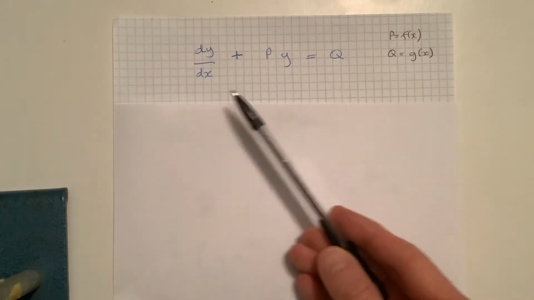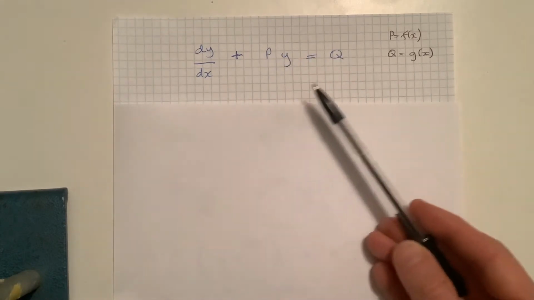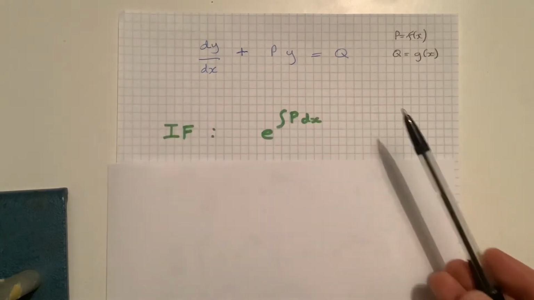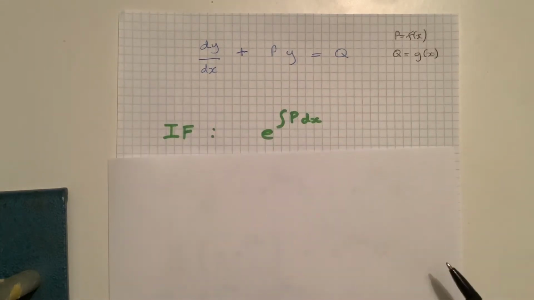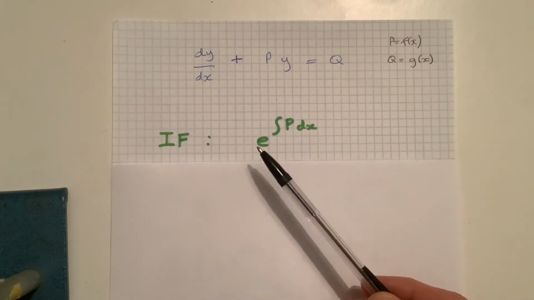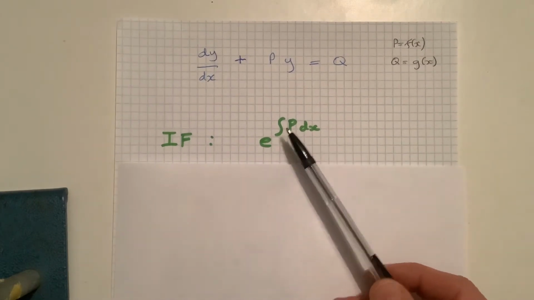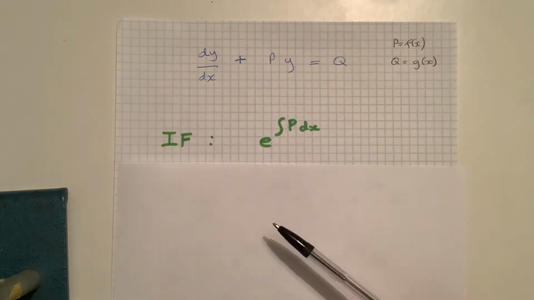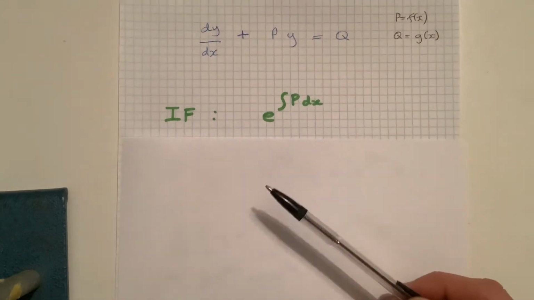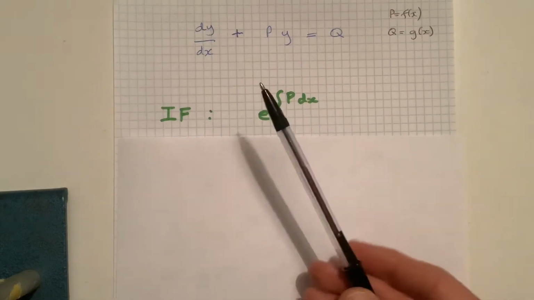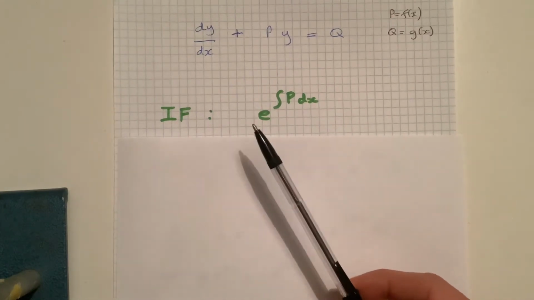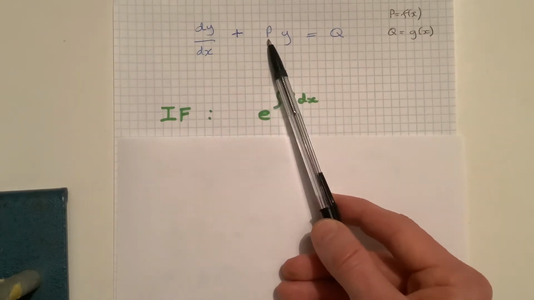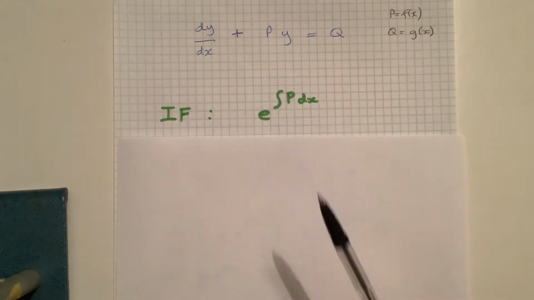So we can use integrating factors whenever we have a question that looks like this. The integrating factor itself is this. It is e to the power of the integral of that function with respect to x. So let's repeat that. The integrating factor is always e to the power of the integral of that function with respect to x.